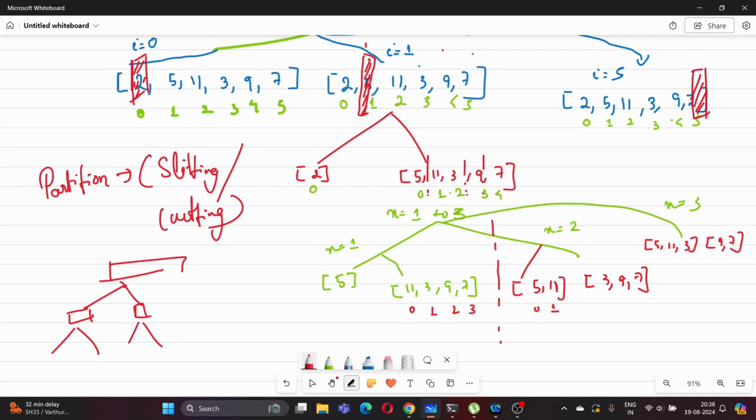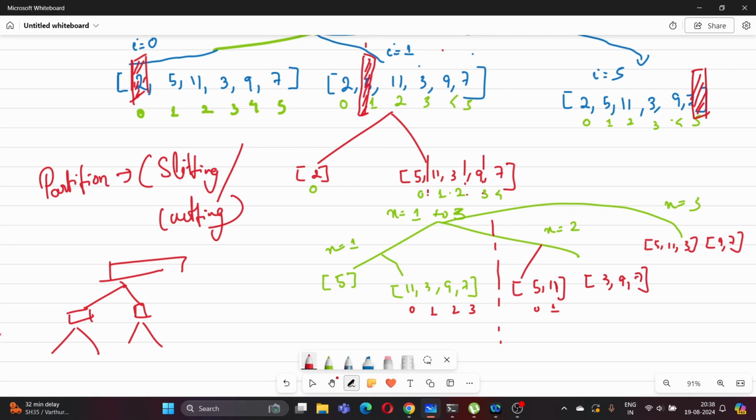Now let's see how to solve these kinds of questions. There are separate points where we can cut it, and for every partition that we make, we get two separate entities.